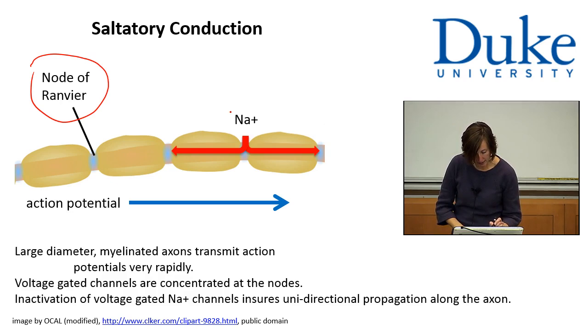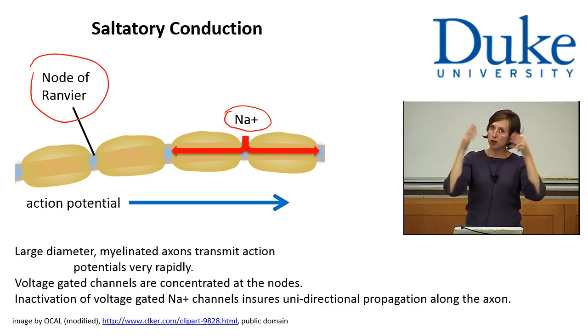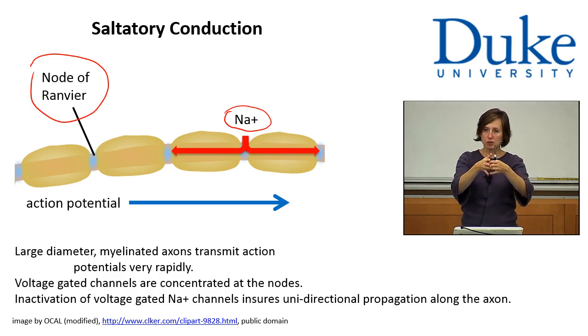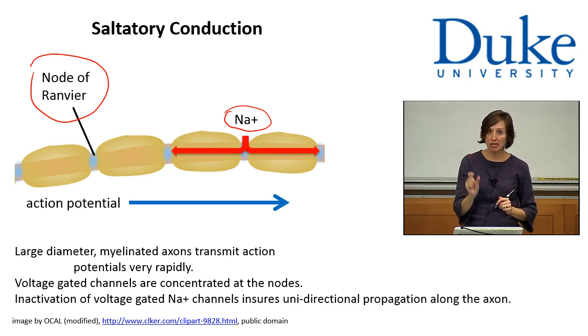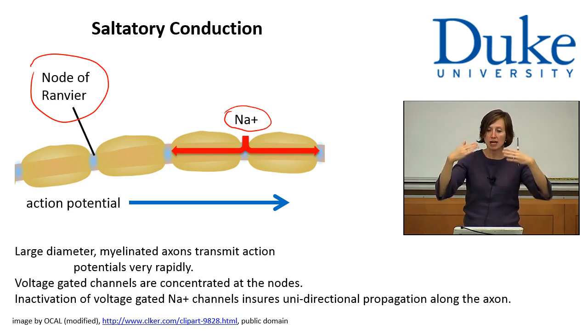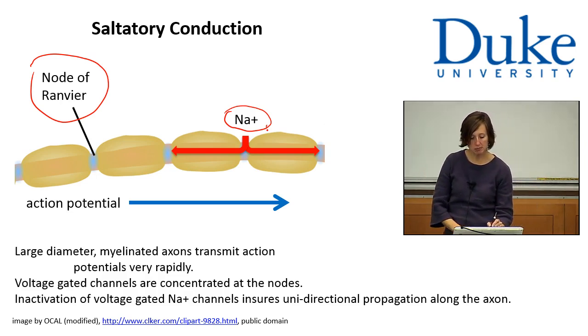if we have an action potential, for instance, let's say it happening at this node, the sodium is going to rush in, which means positive charges are going to rush in. Because of that myelination, not allowing leak of the sodium across the membrane and really insulating it, the effect of those positive charges of the sodium, instead of just being felt here, are felt all the way down here in the next node.